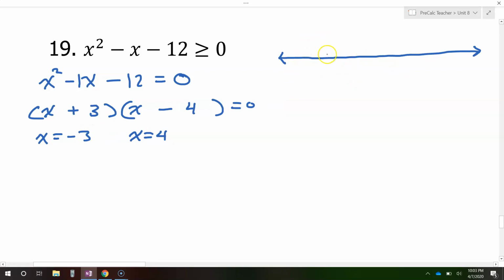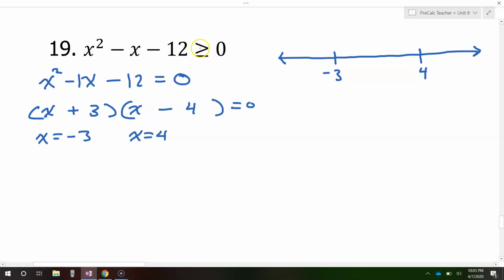So I have a critical value here at -3. So I'm just going to put -3 just like this. And I have another critical value over here at 4. Now, we want the function to be greater than or equal to 0.